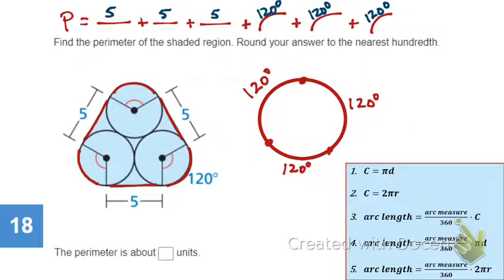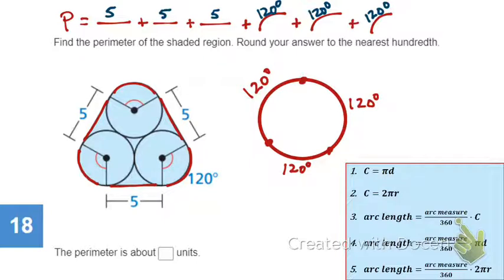So in order to find out the circumference of that circle, which will be the combined length of those 3 120 degree arcs, we need to know either the radius of the circle or the diameter.